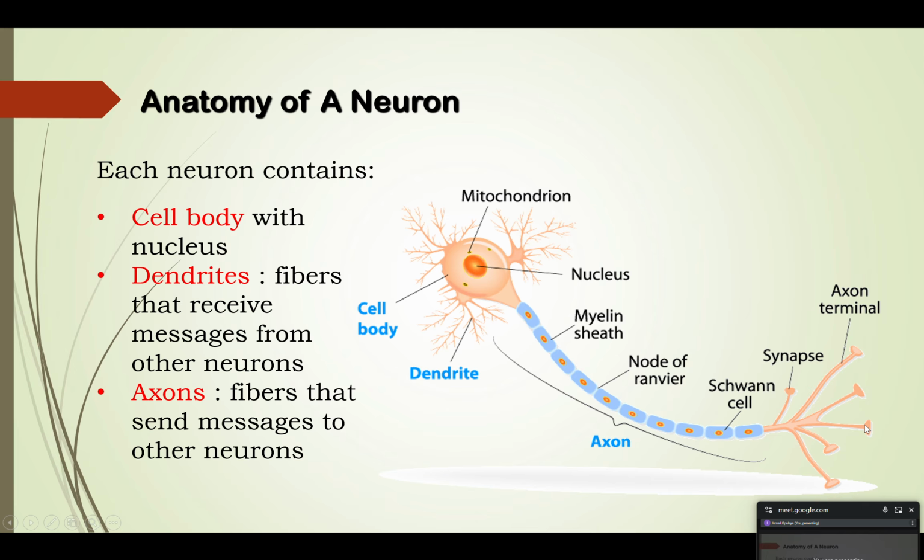The neurotransmitters are contained within tiny sac-like structures called vesicles. So from there, the neurotransmitters are released. Anyways, let us not go further into that. You see some sheath that wraps around the axon. This is the axon here. You can see it very well, but you see this blue something wrapped around it.